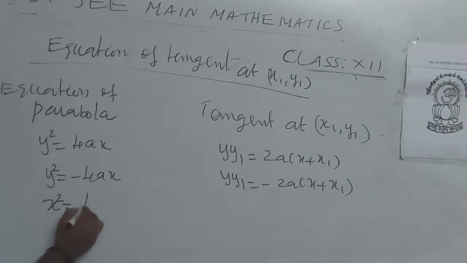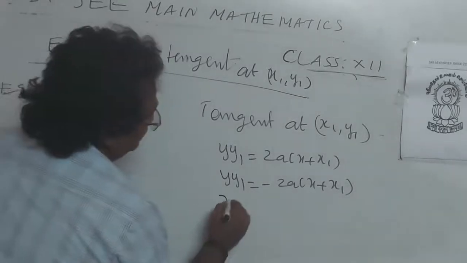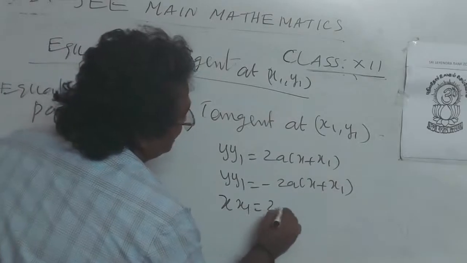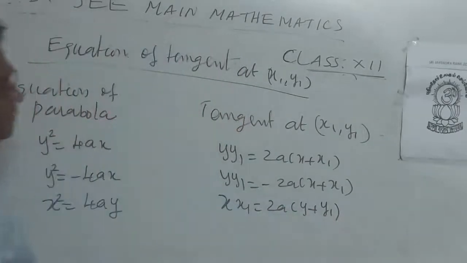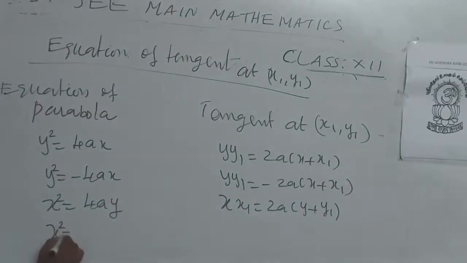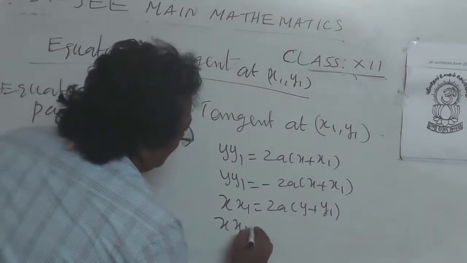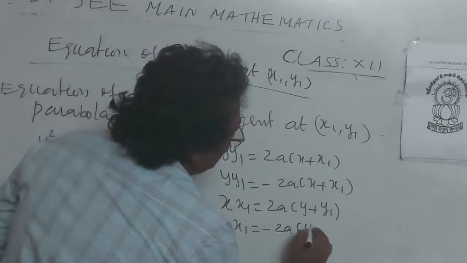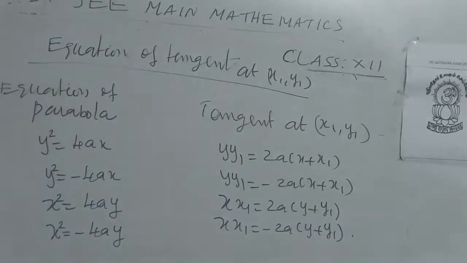For x squared equal to 4ay, x x1 equal to 2a into y plus y1. For x squared equal to minus 4ay, x x1 equal to minus 2a into y plus y1.